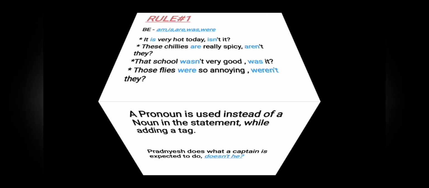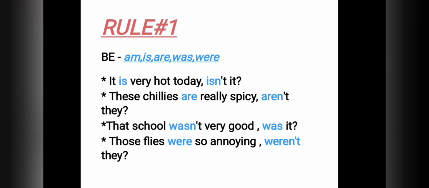Now let's see rule number 1 while making a question tag, and let's start with the to be verb. Be, that is to be, is the most common verb in the English language. Am, is, are, was, were are the forms of the to be verb.